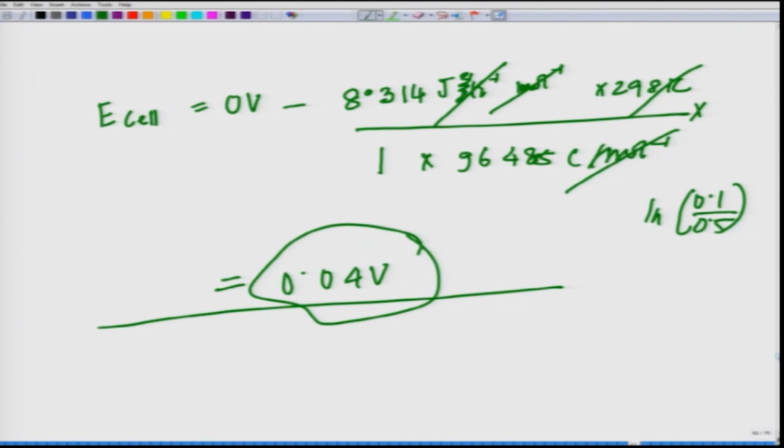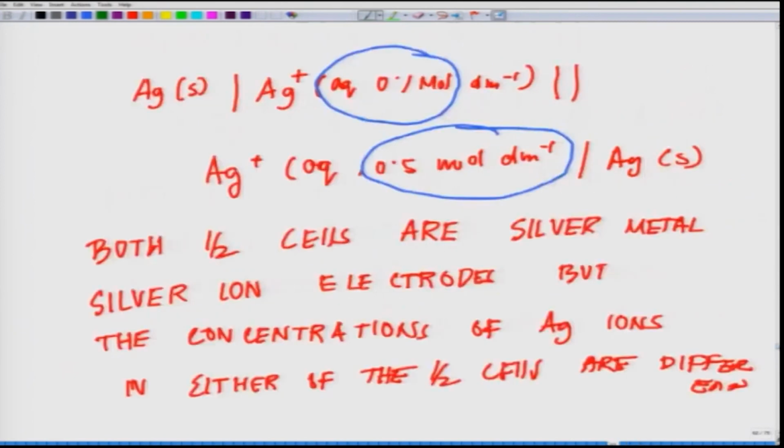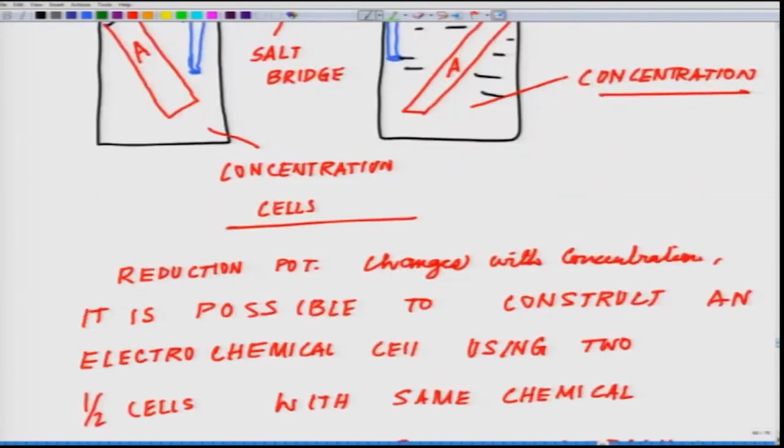What I wanted to highlight is that such concentration cells can be developed with the same electrode, which is one derivation from the Nernst equation.